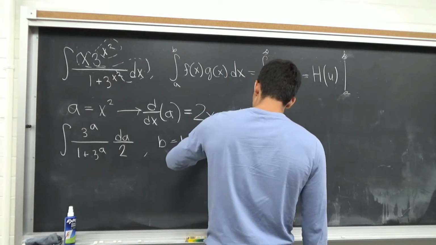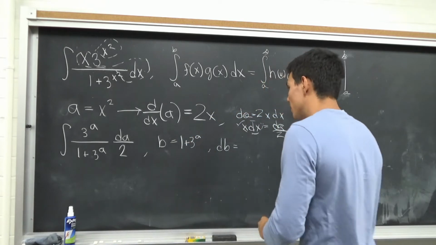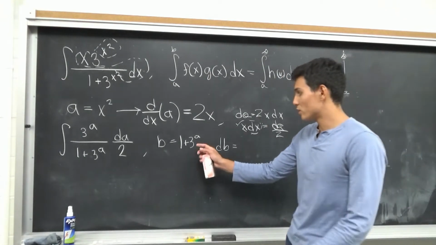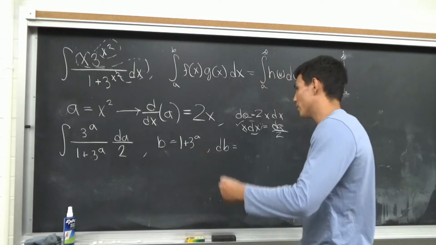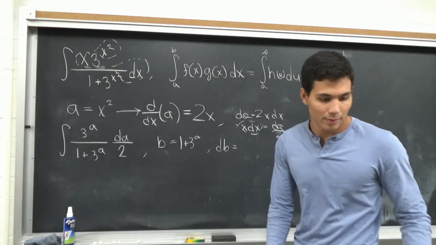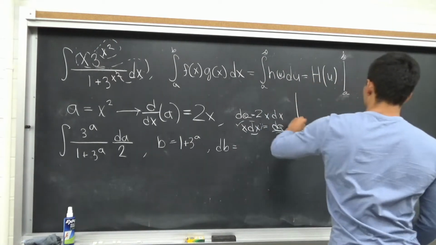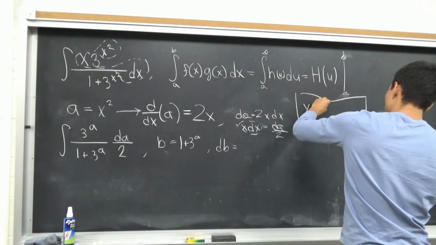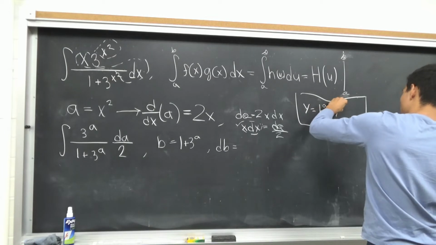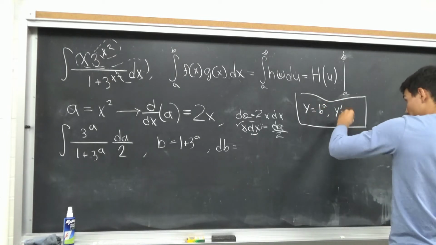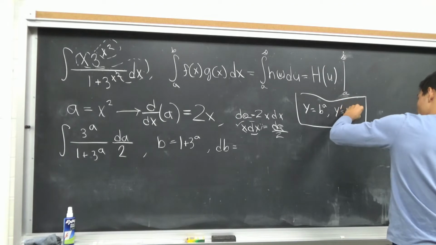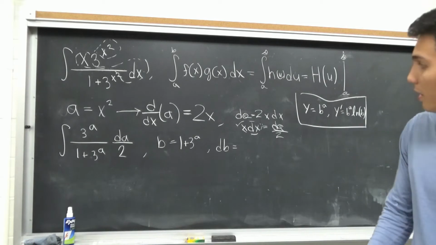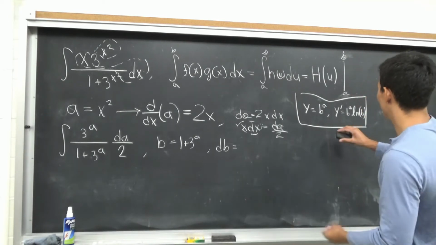And we see that dB becomes... My bad, I just had to search up the formula for how to take this derivative. I haven't done it for a while. If we let y equal b to the a, then we know that y prime is equal to b to the a ln of b, where a is your variable.